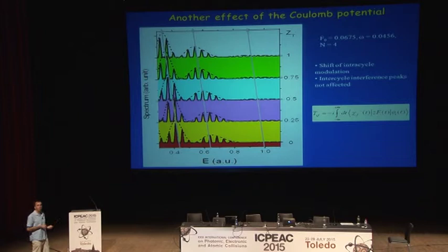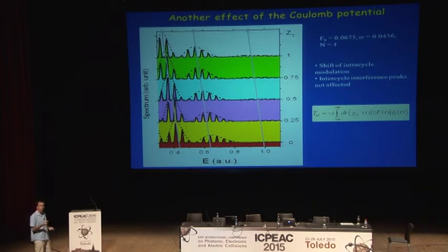The Coulomb-Volkov approximation considers the action of the Coulomb potential non-perturbatively. Of course, it does it approximately. So we see that as the strength of the Coulomb potential increases, there is a monotonic shift of this envelope.